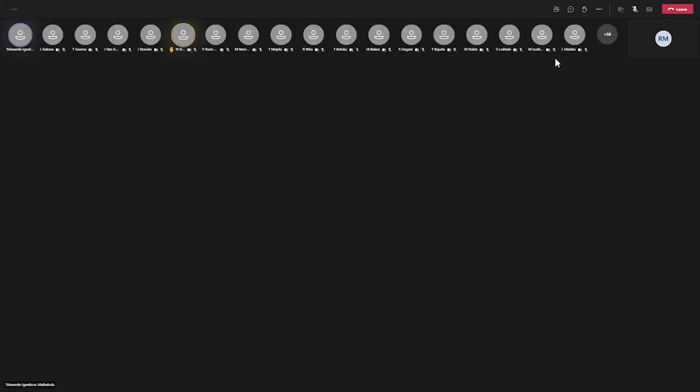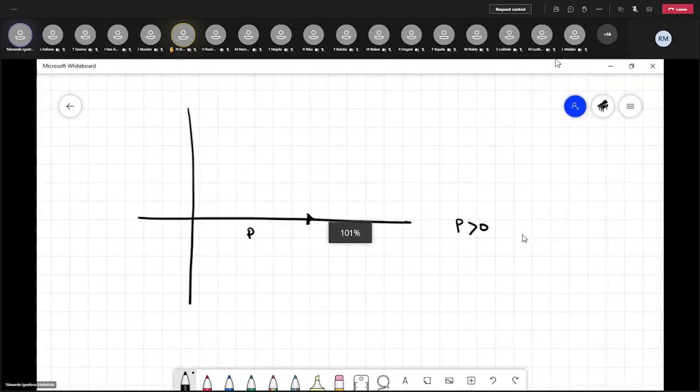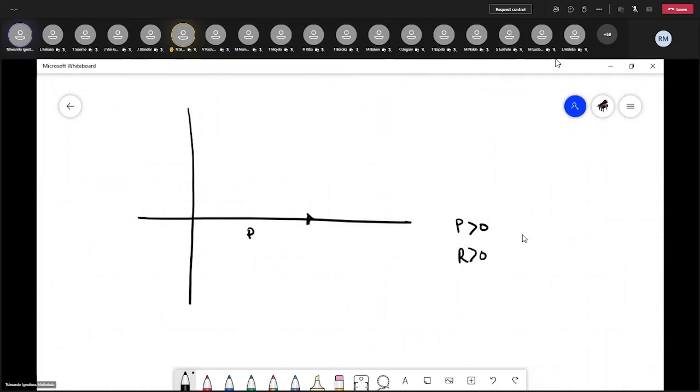Okay, so this is what you would have. P is greater than 0 for R greater than 0. So that I have got some resistance in my circuit, I will always have a value of P, that is your active power, in watts. Now, if I have got an XL, I would also have some value of Q, which is greater than 0.